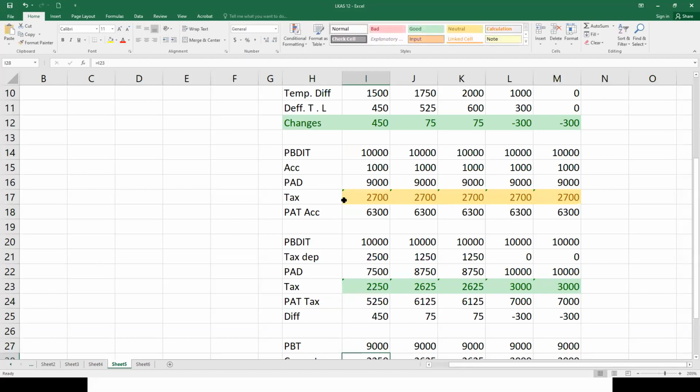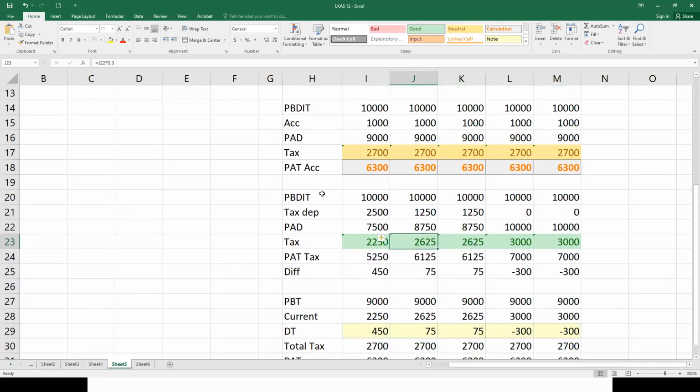To find the accounting profit, we deducted the accounting depreciation from the profit and got the profit after depreciation. We calculated 30% as the corporate tax, and the profit after tax is the accounting profit.